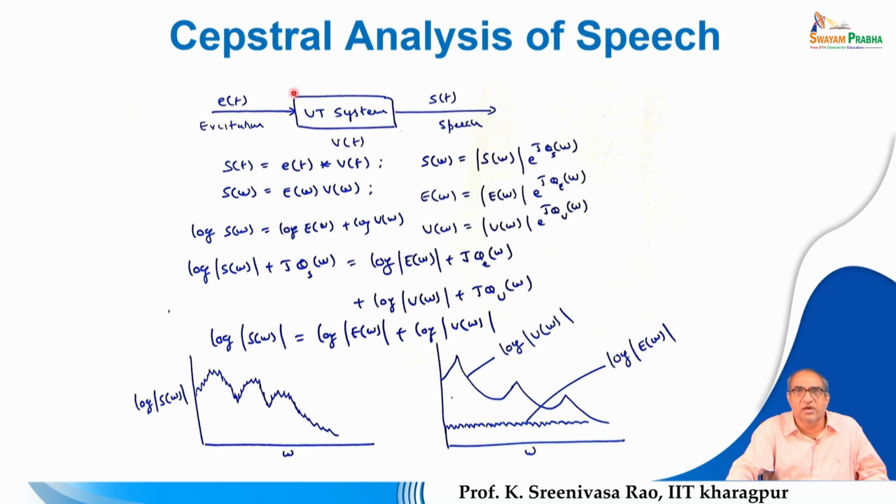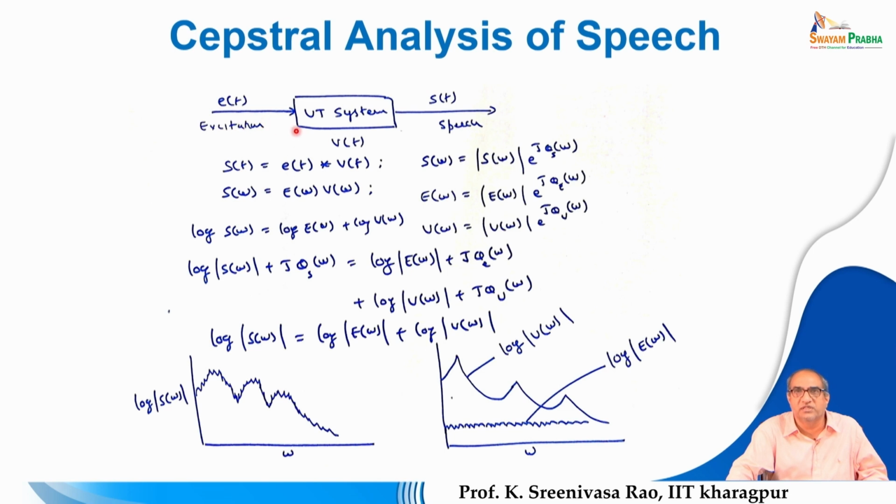The shape of the vocal tract system also dictates the characteristics of the sound unit. So the combination of the vocal tract system response and the excitation signal characteristics provides the speech signal, the acoustic signal, which carries sound-specific information and contains both components.